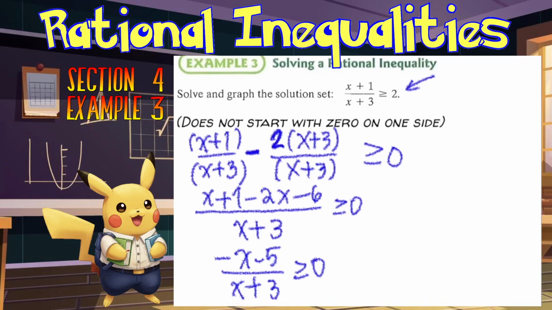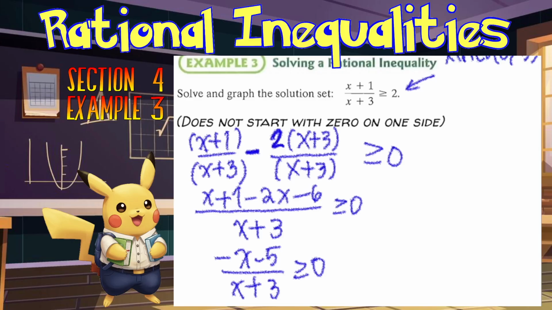And now we are on the same page as we were for examples 1 and 2. So just to get the key information down, x-intercept, I'm going to set the numerator equal to 0, add 5, divide by negative, so that's negative 5.